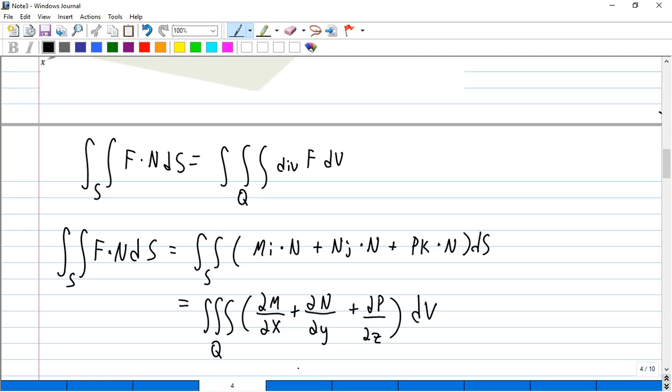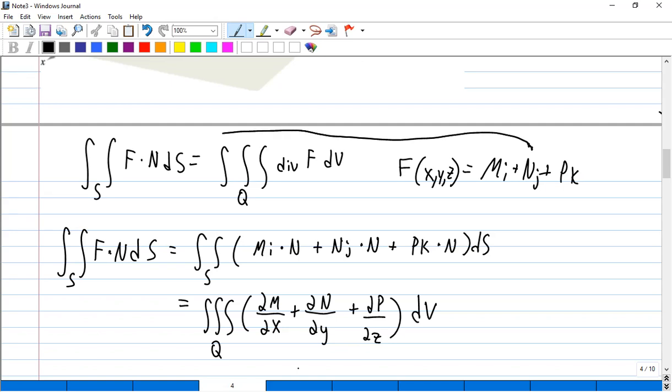So that's if we have, I didn't write this down, the force F(x,y,z) equals Mi plus Nj plus Pk. Now, this N and this N are different.